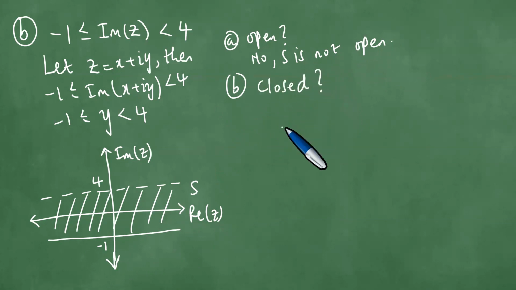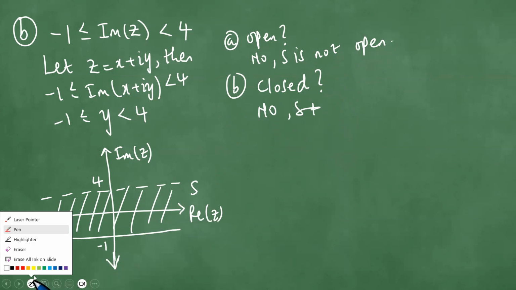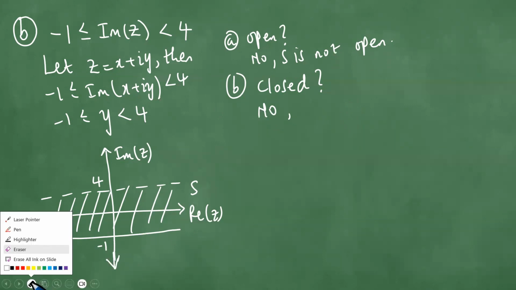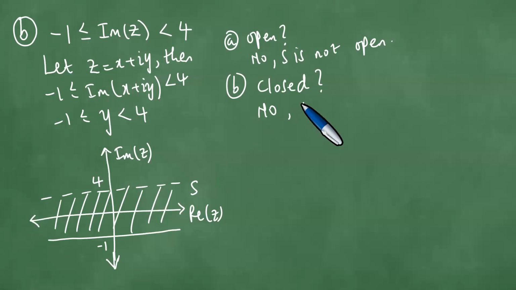No. S is not closed. Well, it's not closed because it's open this side. It does not include this part of the region.